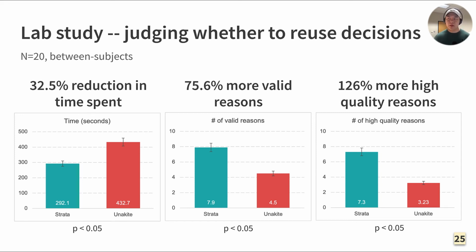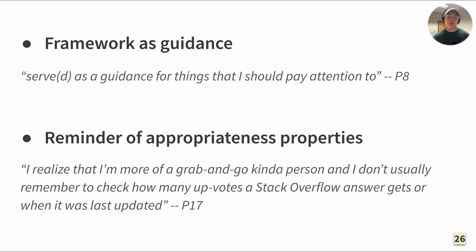In the end, we found that participants who used Strata finished significantly faster and at the same time came up with significantly more valid as well as high-quality reasons of whether to reuse decisions or not. Participants also provided positive feedback to Strata, such as it served as a guidance for things that they should pay attention to during reuse, which underlies the value of the framework, and reminded some participants of the appropriateness properties that they would otherwise overlook.